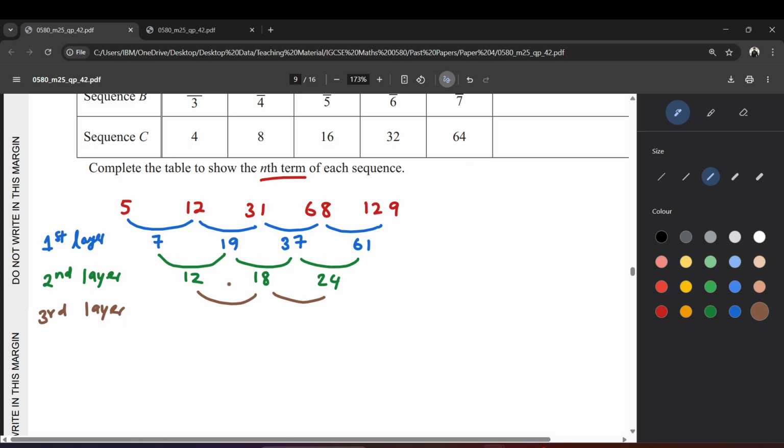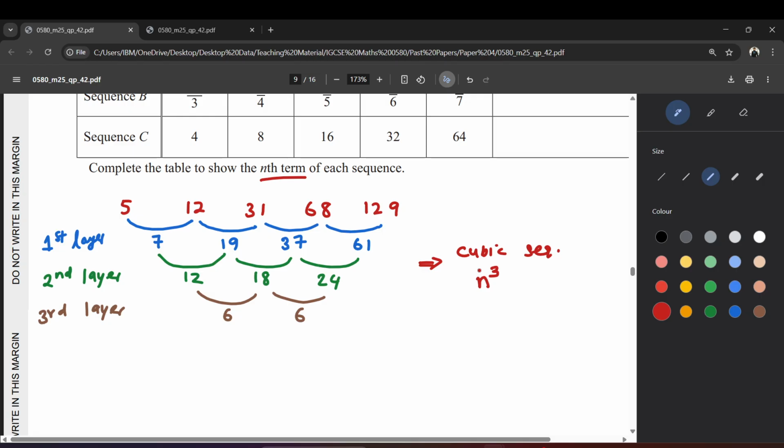In the third layer, 18 minus 12 is 6, and 24 minus 18 is 6. Now in the third layer, this has become constant, right? So we can conclude that this is a cubic sequence. Therefore, our nth term contains n cubed. That's the first thing that we have identified.